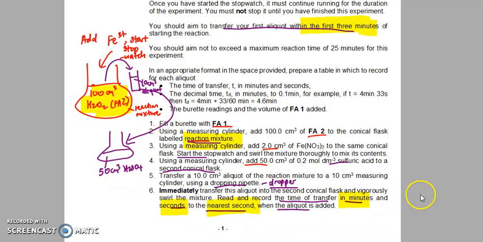The moment you add this 10 cm³ aliquot to the acid, you record the time to the nearest second. The purpose of this acid is really to quench the reaction. So you can safely assume that once you pour it in at, let's say, t equal to 2.2 minutes, the reaction will have stopped at 2.2 minutes.